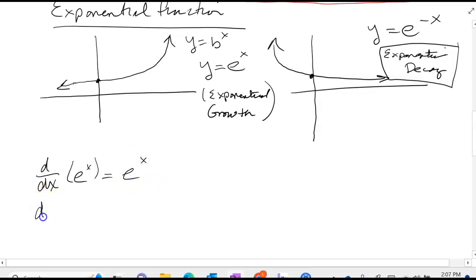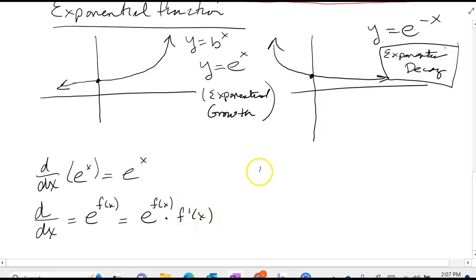We can generalize that to a function, and using the chain rule, it's going to be e to that function times the derivative of that function.